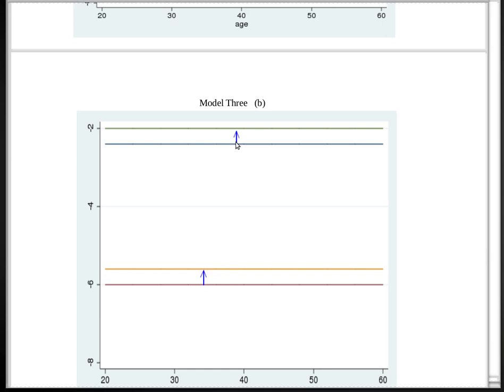The adjustment for age here is a circumstance in which we have the adjustment, but the assumption of parallelism between the four lines.